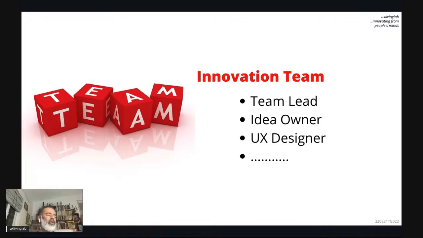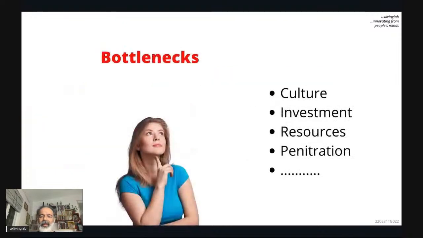Anyway, you have to constitute that innovation team. It should contain these three people at least. Then, of course, you will be facing a lot of bottlenecks when you go to execute the ideas. Organization culture, investment needed, resources needed, whether my idea has the penetration into others' minds, because others have to agree to that idea.